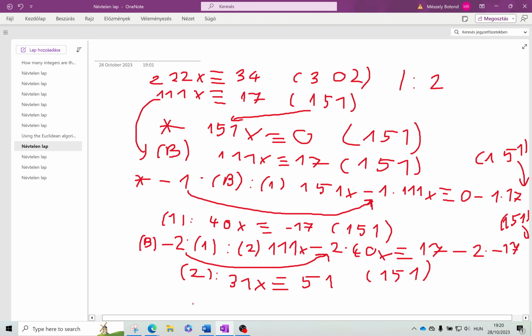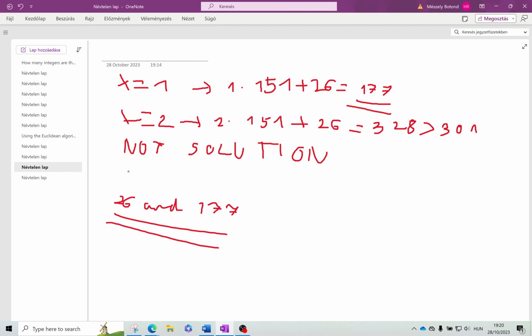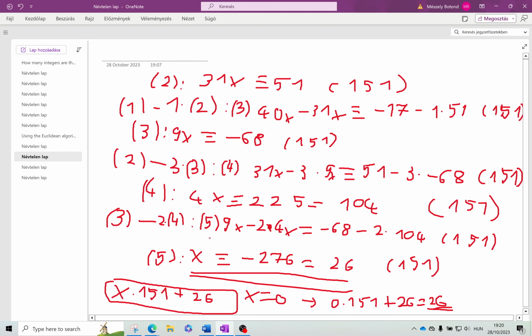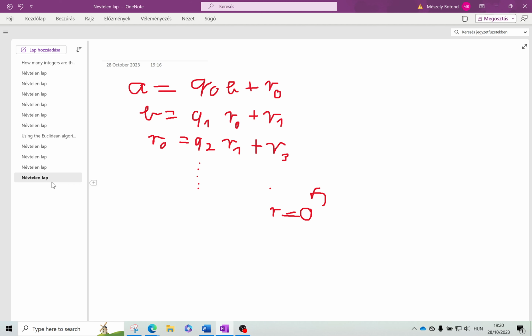So m times x congruent 0 modulo m will always be the other equation, and you start subtracting them from each other until you get to x, and that will be your answer. I know it might sound a bit complicated.